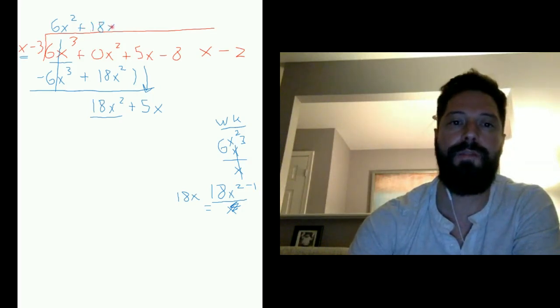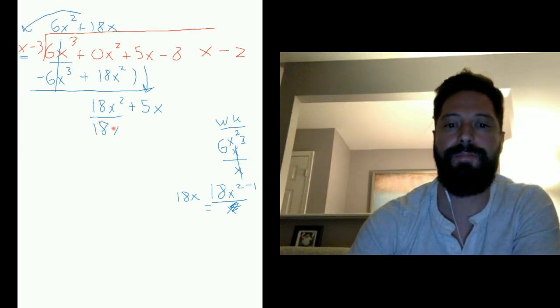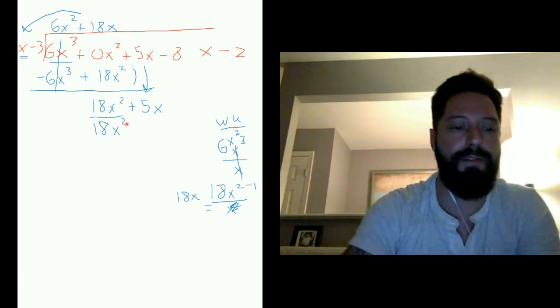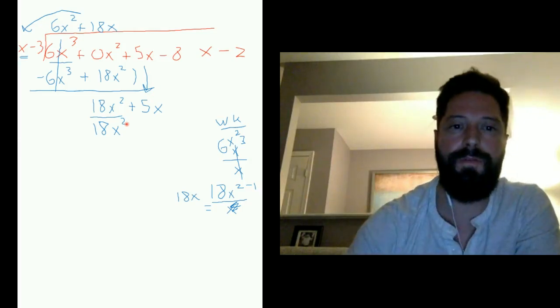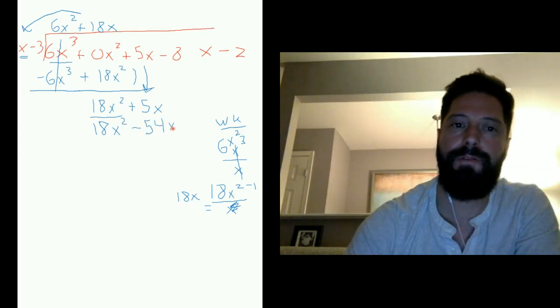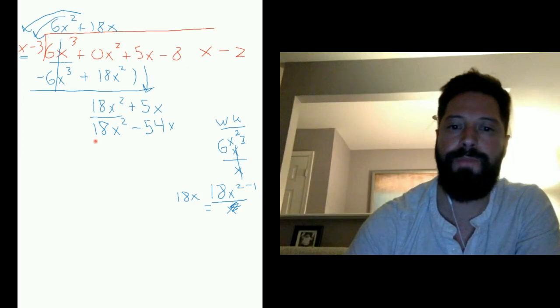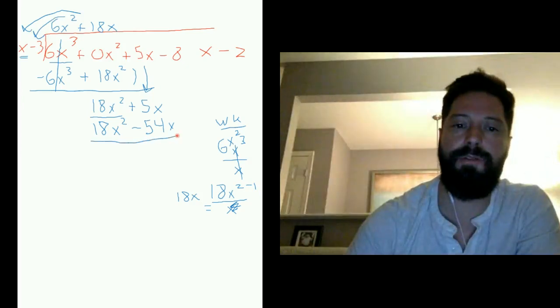Negative 3 times 18 is negative 54x, because we distributed that here. You subtract the whole thing, which means you just change the signs and then add. So this becomes 59x.